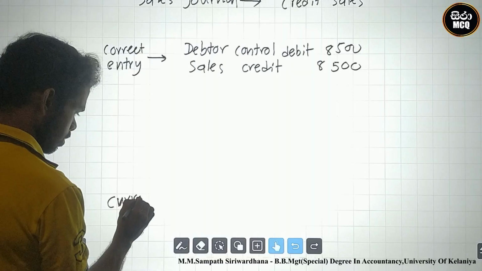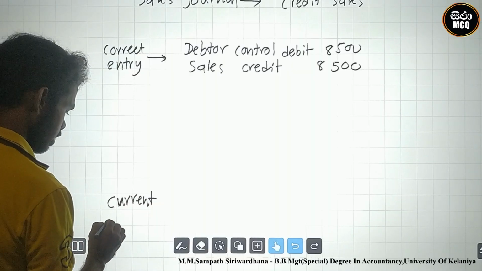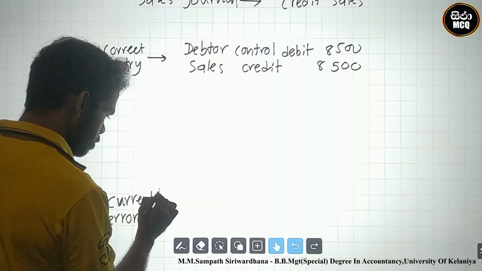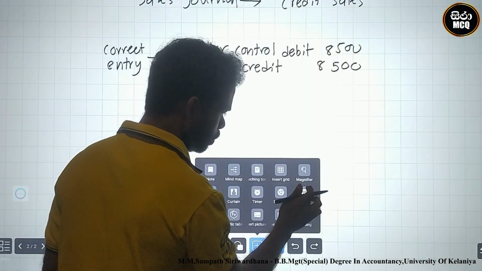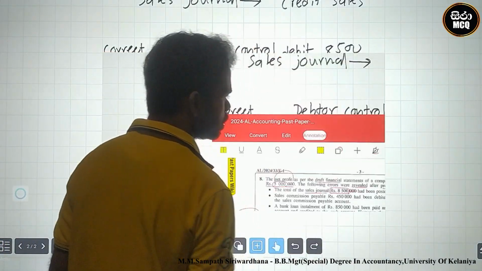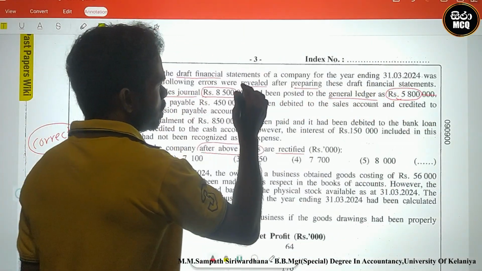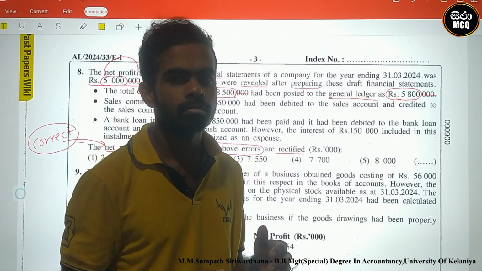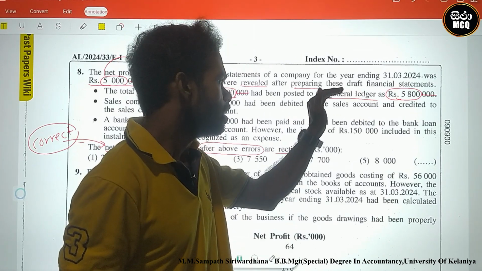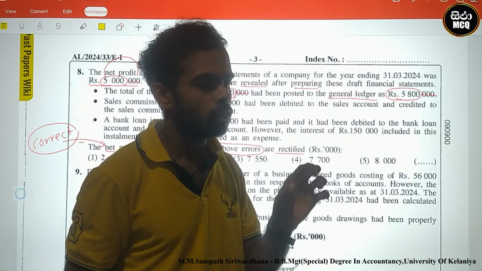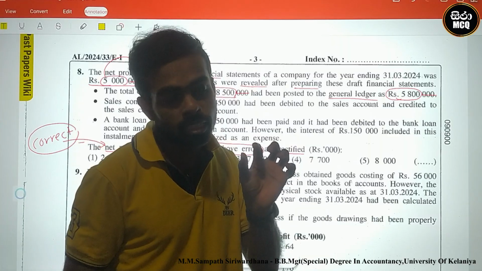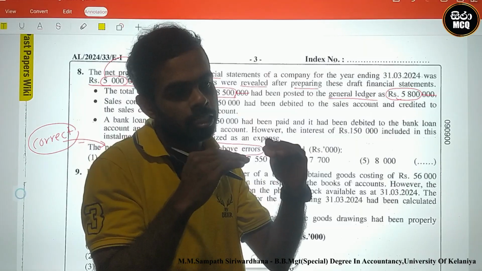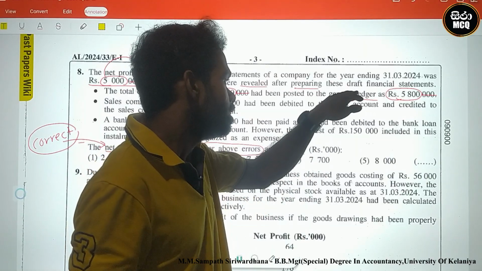Current error. What is this? The current situation is: had been posted to general ledger. General ledger means total amounts posted, both credit and debit, credit side and debit side. Commonly, general ledger means all accounts.